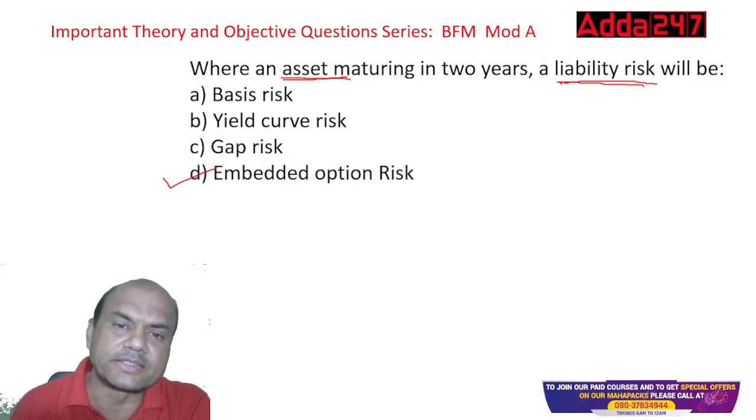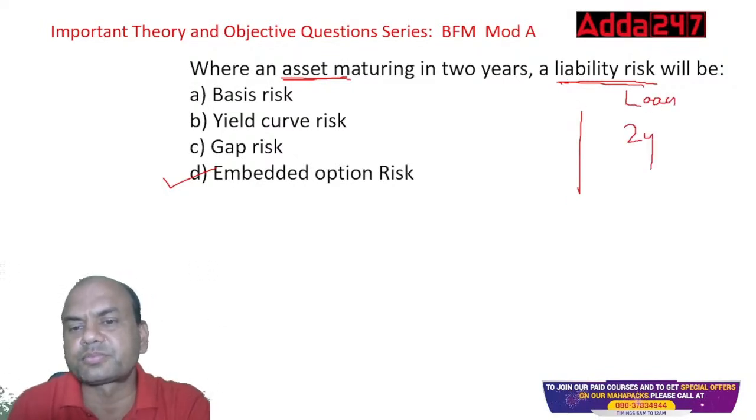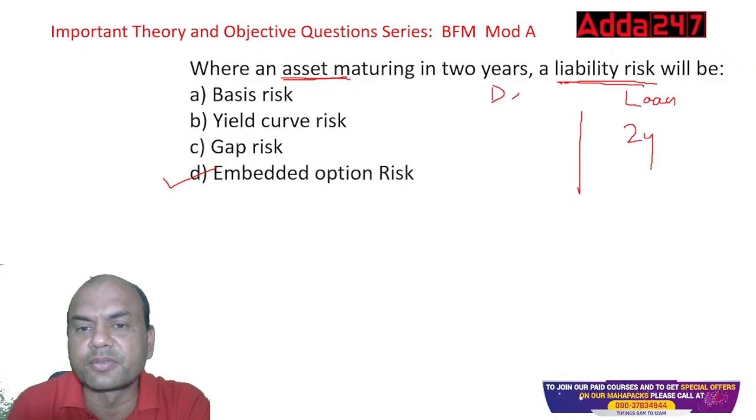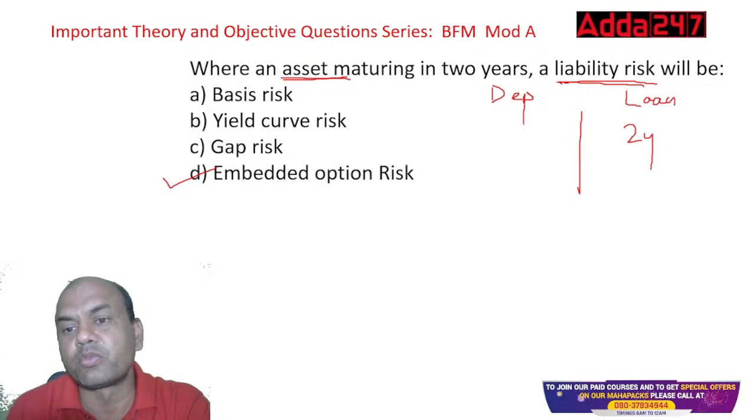See here, if this loan is maturing in 2 years, I have to fund this loan over these 2 years. I have to see to it that I have sufficient deposits for this loan.